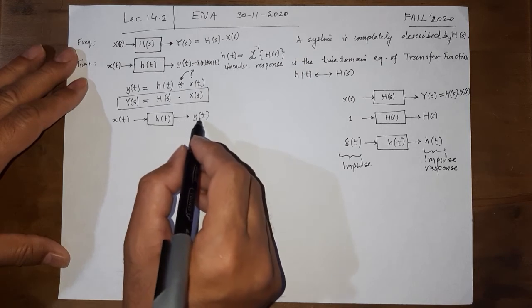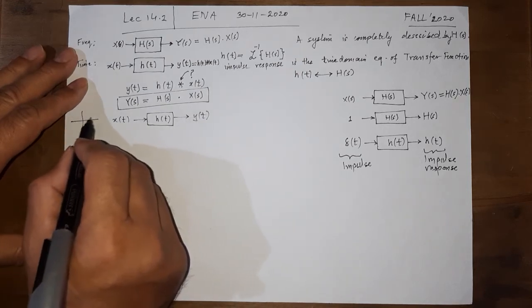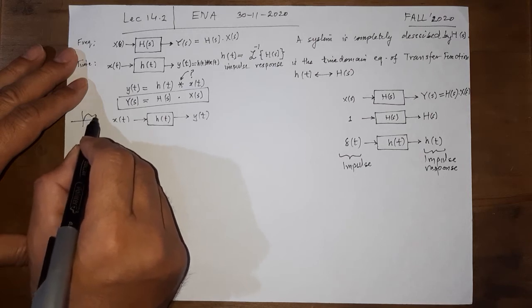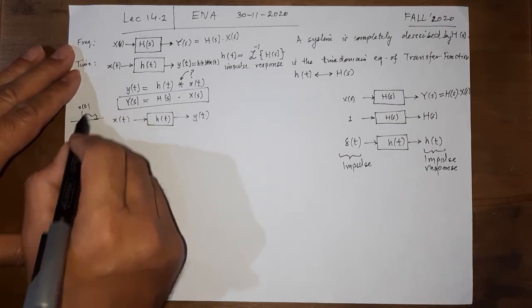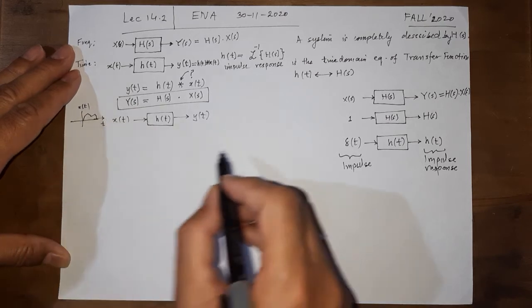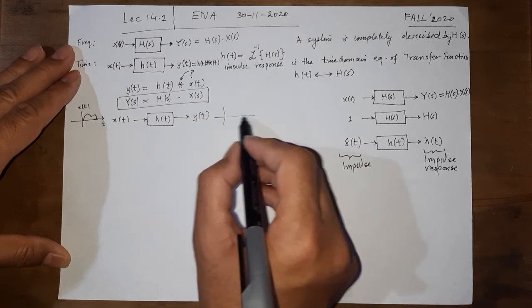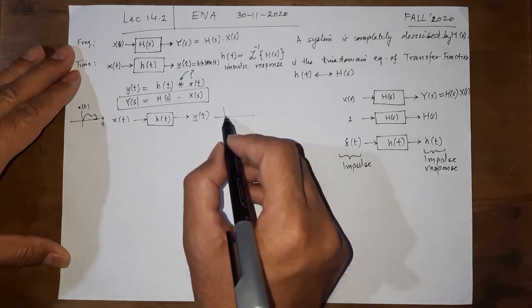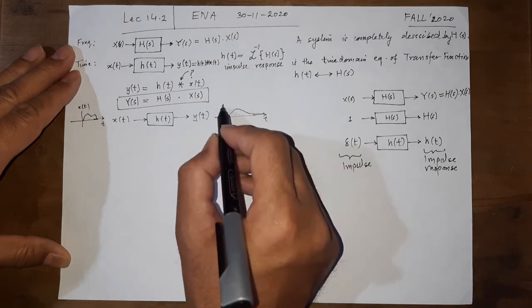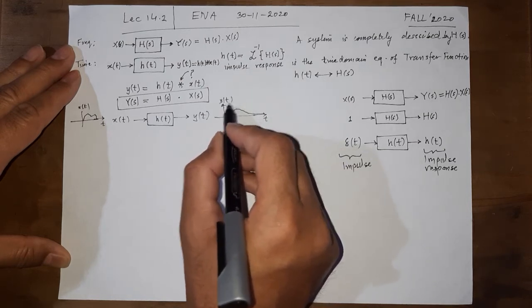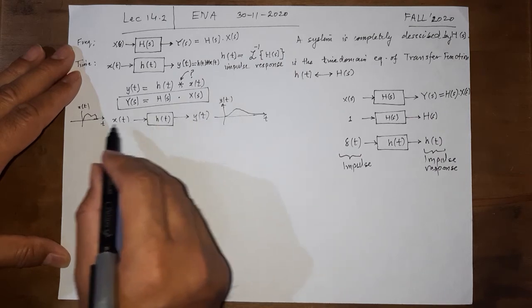We need to understand what this y of t is. So suppose x of t is some function, say this way. So this is x of t versus t, and say we get the output to be something like this. We need to find how this y of t is related to h of t and x of t.